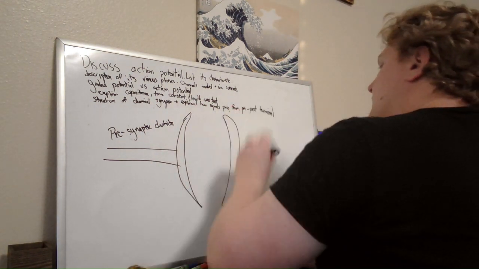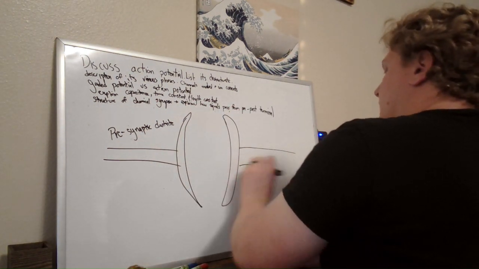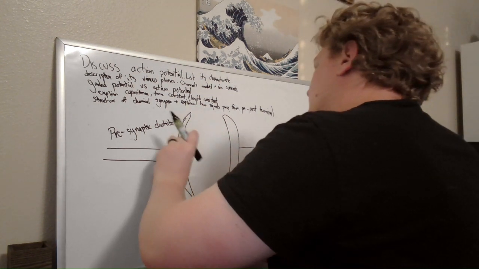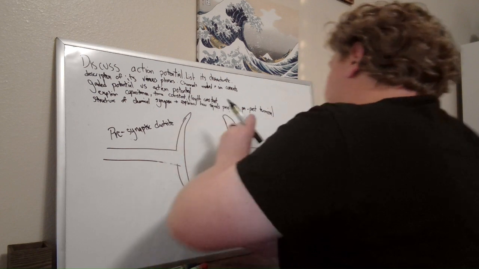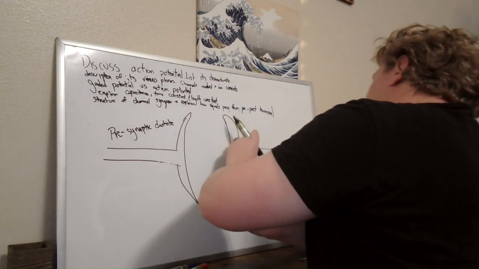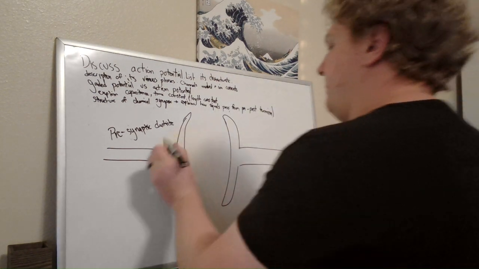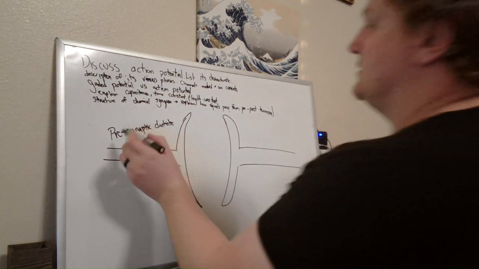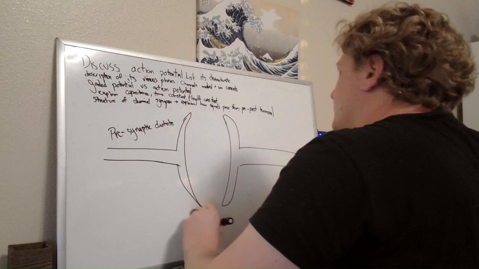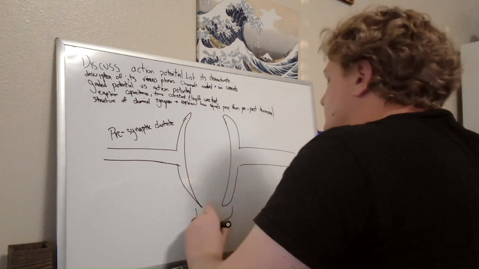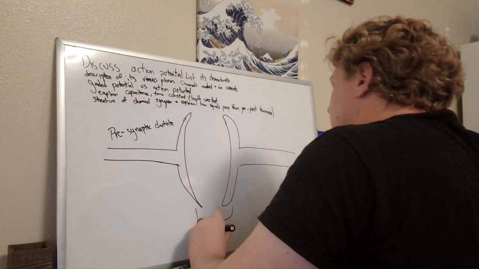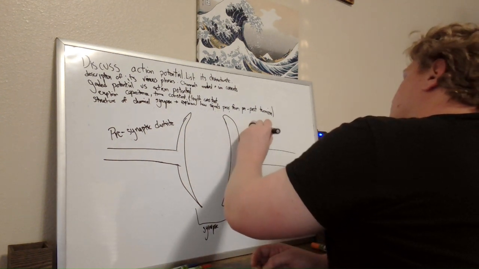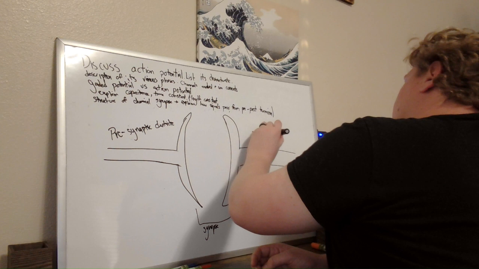Draw like this. That line right there, because that makes it like it's blocked off, which is not. So this is the presynaptic dendrite. This area in between these two dendrites is called the synapse. This is the postsynaptic dendrite.